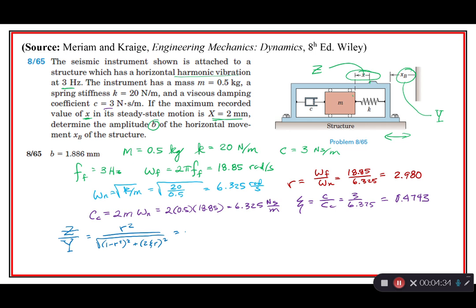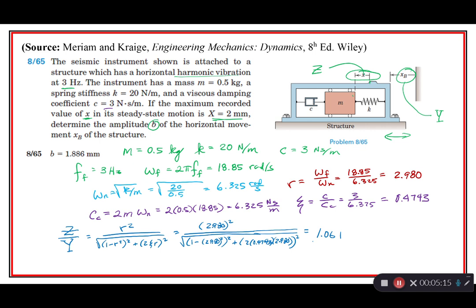So we will plug it in. 2.980 squared over the square root of 1 minus 2.980 squared plus 2 times 0.4743 times 2.980, all of that squared. Careful not to make that mistake. And we get 1.061. So it's pretty close. This is really just a 6% error.